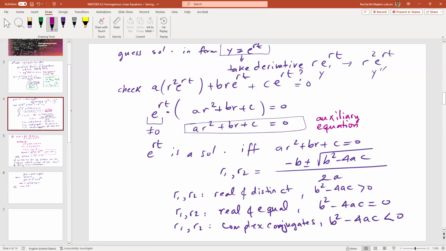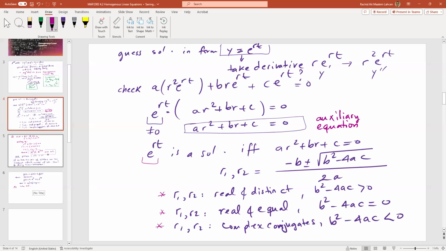If we propose the function y equals e^(rt) as a solution, we run into this characteristic equation. So e^(rt) is a solution if and only if this equals 0. So now we're going to explore the cases where this auxiliary equation equals 0. Of course, the first thing to talk about is this, then the second thing is this, then the next one is this one.